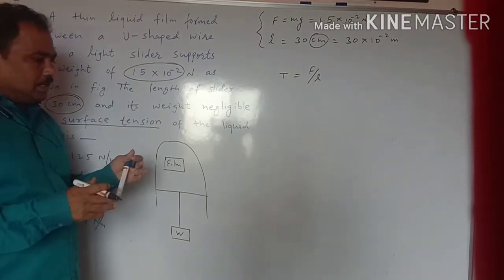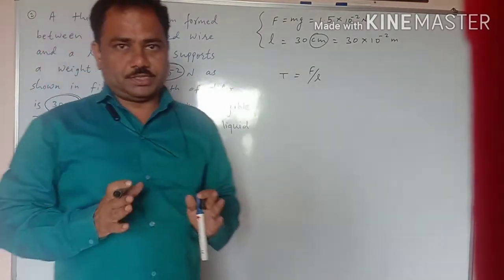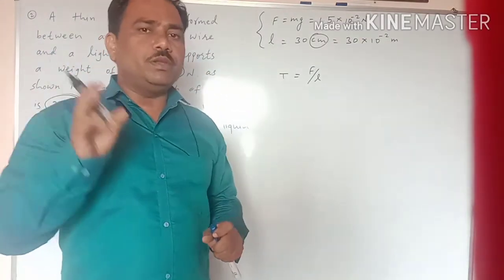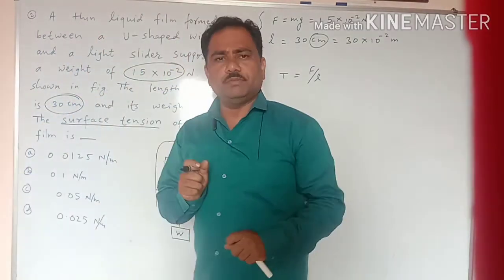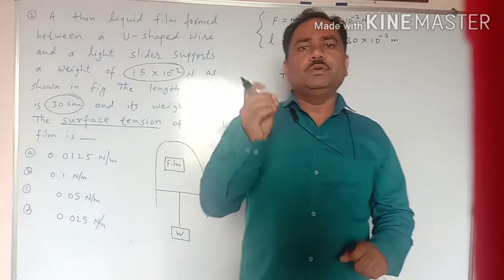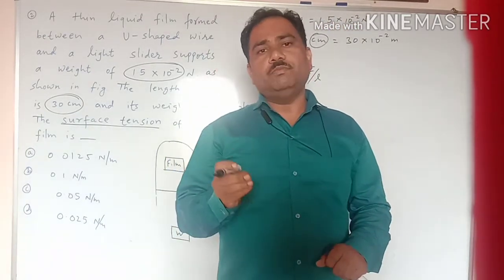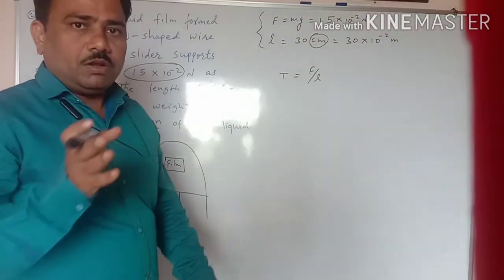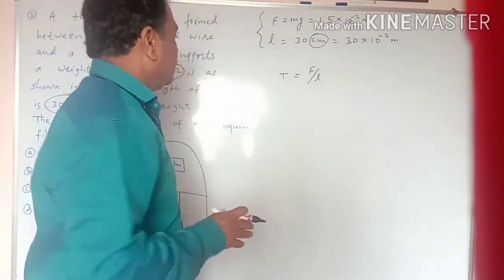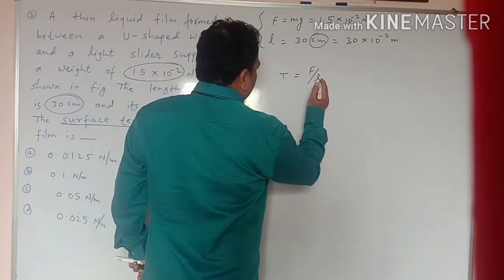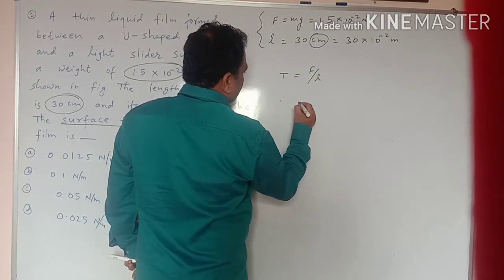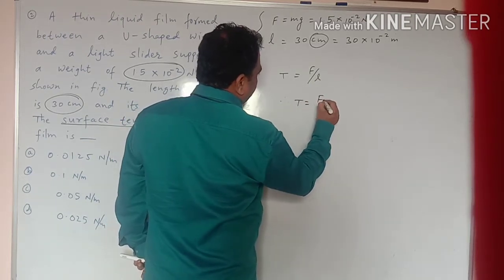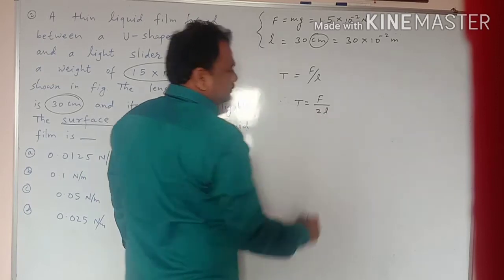Now see here, this liquid film has two surfaces, because whether it is a soap film or a liquid film, you should remember there are two surfaces, which we have already discussed in our theory lectures. So instead of L we use T is equal to F by 2L.